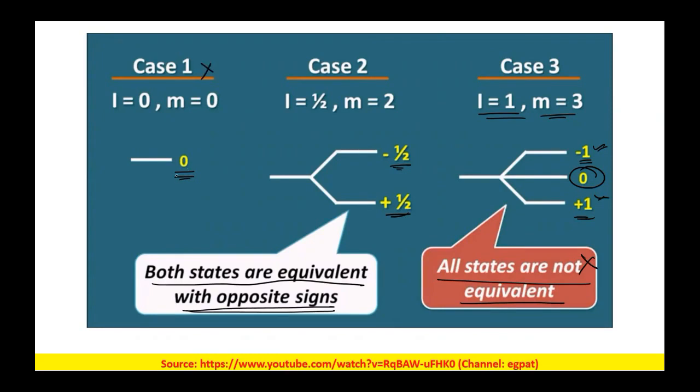Also in case 1, we have only the 0 spin energy state. So the atoms falling in case 1 and case 3 will not be NMR active, whereas the atoms which fall in the category of case 2 will be NMR active.